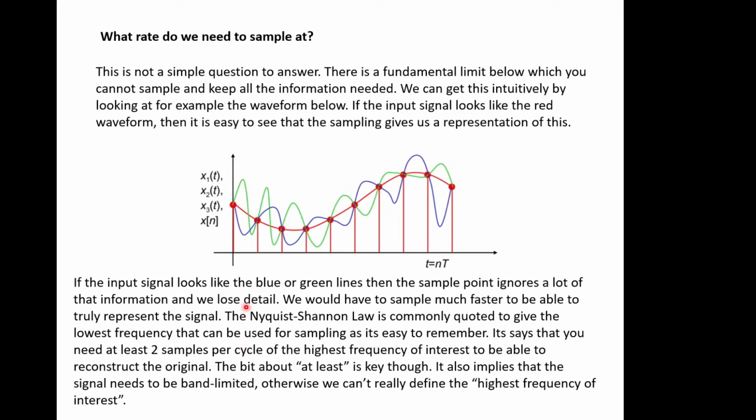The bit about having two samples per waveform is the important bit, though, because what that means is that if we wanted to grab this green one, we'd have to have a lot more sample points, obviously.